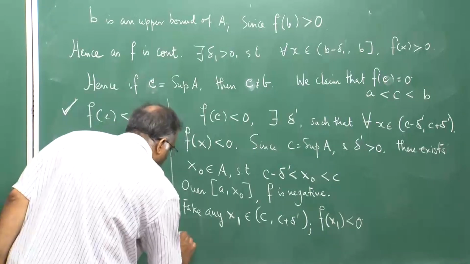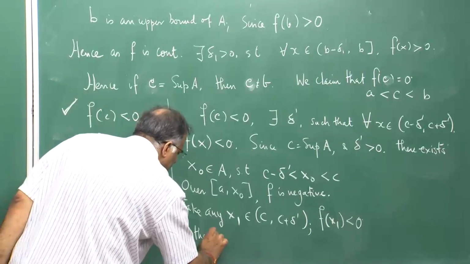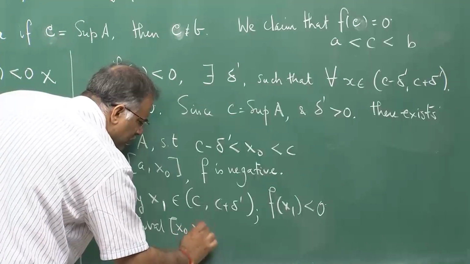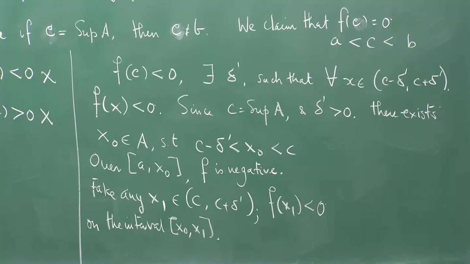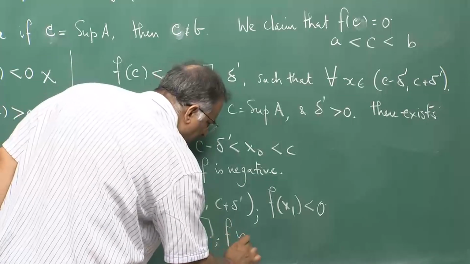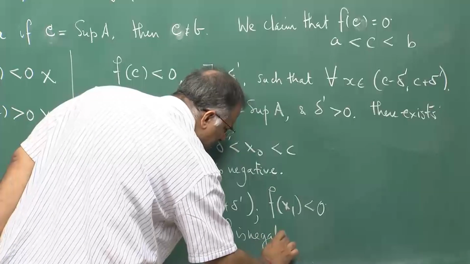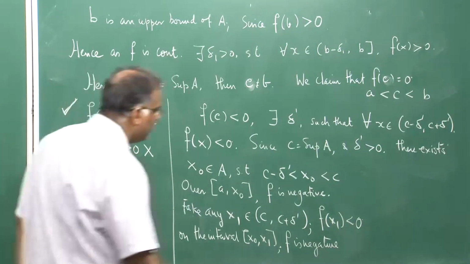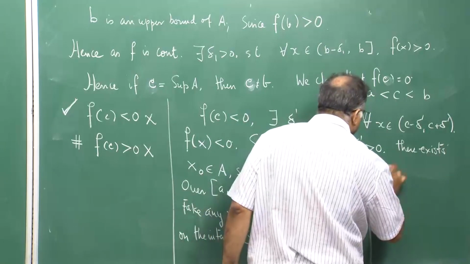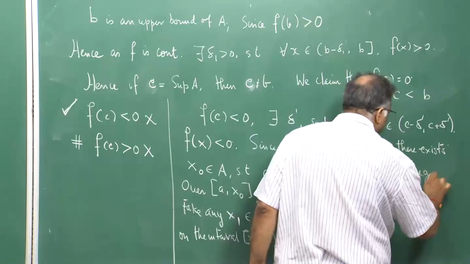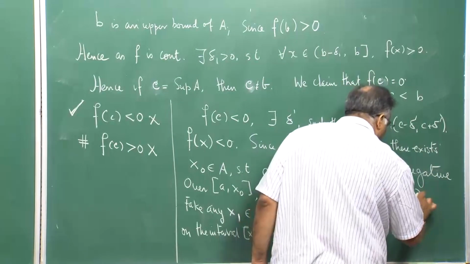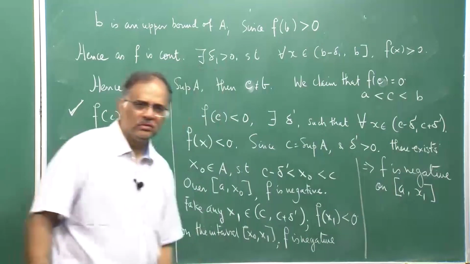So on the interval x0 to x1, f is negative, and you know the interval a to x naught is anyway negative. So what does it mean? It implies that f is negative on a to x1, right.